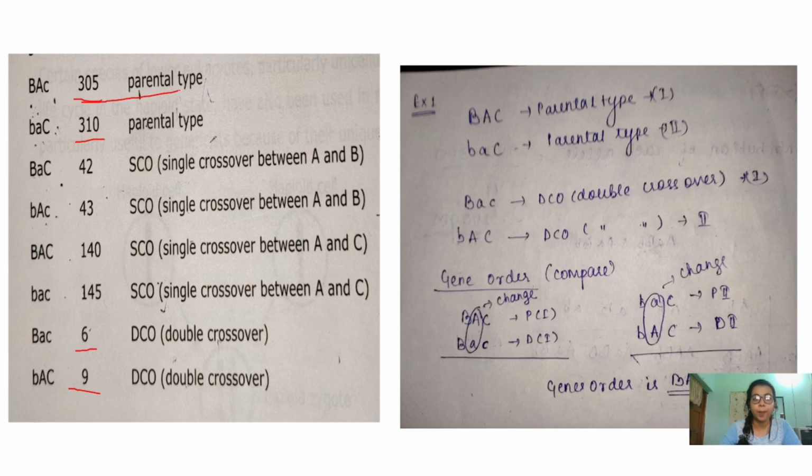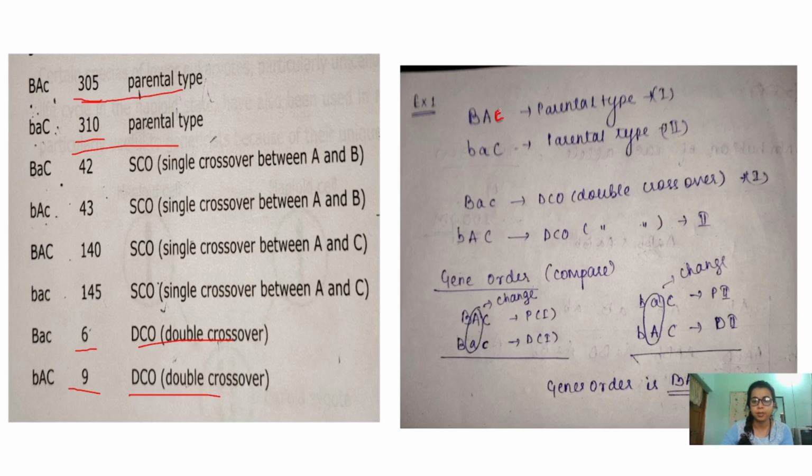So what you need to do, first you need to find the parental and then the double crossover. Now you need to compare both. Capital B, A, C is the parental type 1, and small b, a, c is the parental type 2. Sorry, this last one is small c.